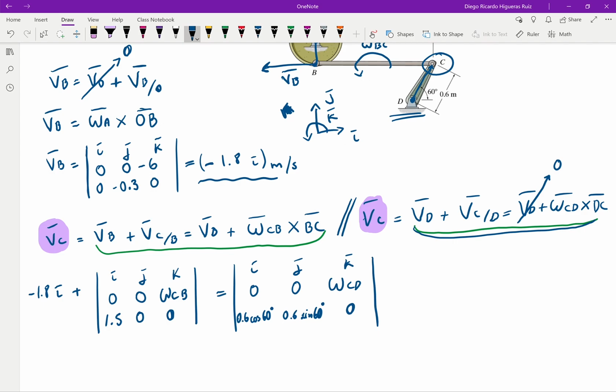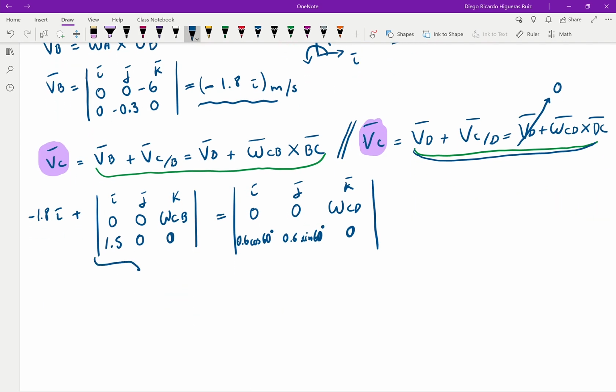So let's go ahead and solve for this. Cross product. And here from the first one, I'm going to have 1.5 omega CB. I think, let me check again, that's going to be J. There we go. And for the second one, we are going to have 0.6 cosine of 60 degrees.